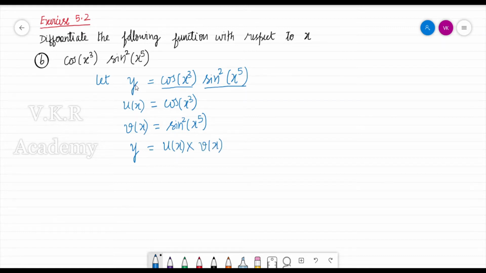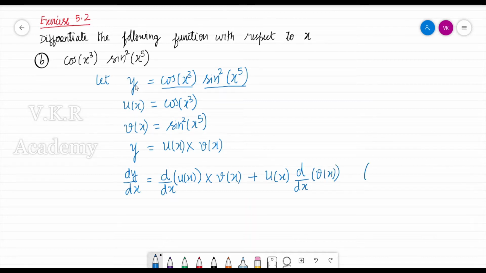So, the derivative of y, dy by dx, is given by d by dx of u of x into v of x plus u of x into d by dx of v of x, and this follows from the product rule.